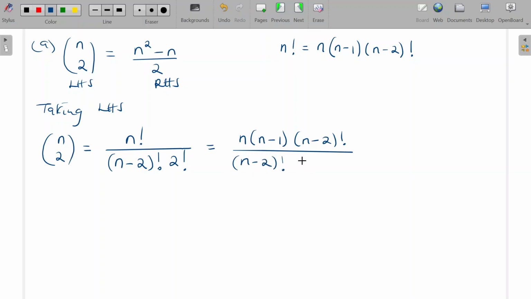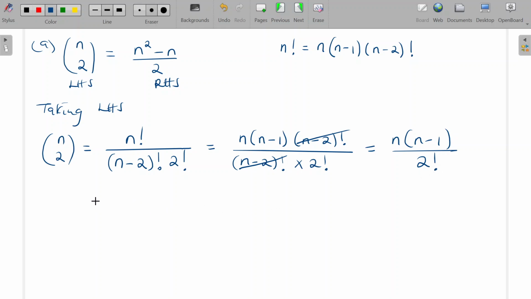Now here I have n minus 2 factorial on top and bottom, so these can cancel. As a result, I am going to have n times n minus 1 over 2 factorial.